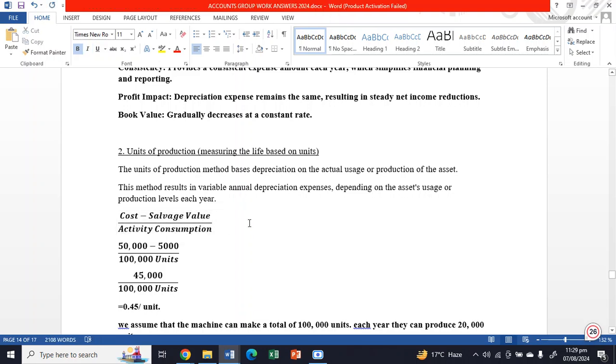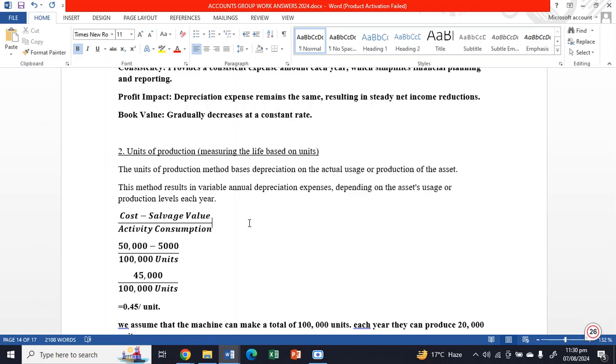For example, let's say you buy an ice cream machine, and the people who produce the machine tell you that this machine can make 100,000 units. After that, it's going to be of no use, or it won't be functioning properly. So this machine is expected to produce 100,000 units.